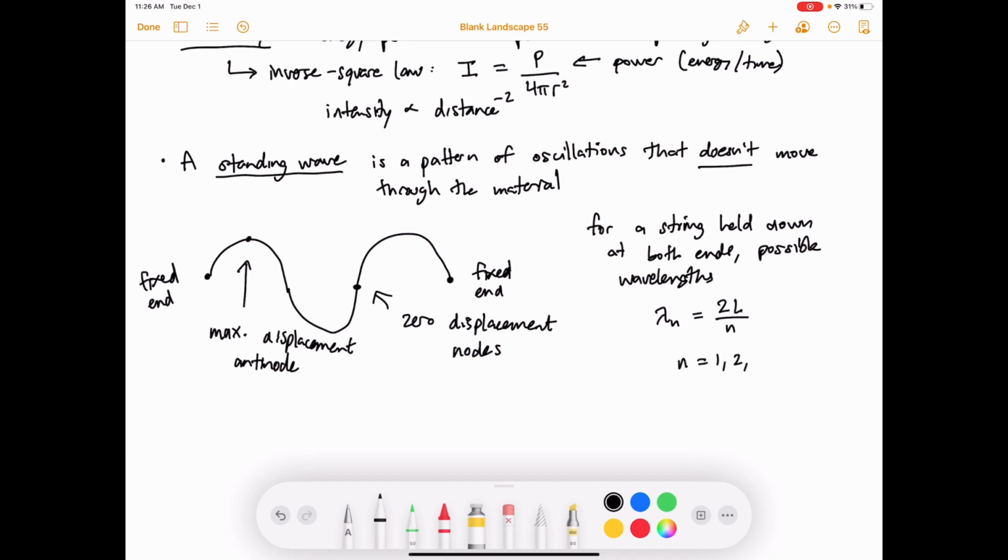It can be 1, 2, 3, and so on. And basically, we need the fixed end on the left and the fixed end on the right to be nodes. We need those to be points where there is no displacement. So we get this equation by starting from that basic premise, that the fixed ends are nodes, they're points where there is 0 displacement.